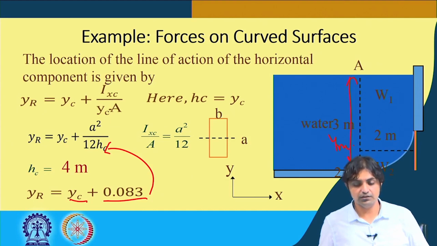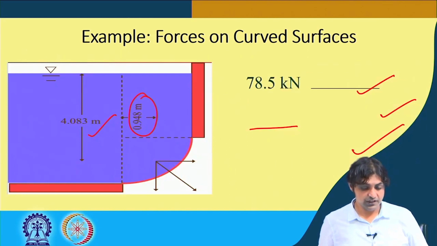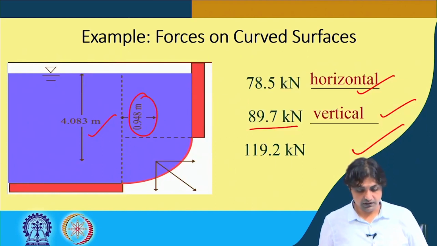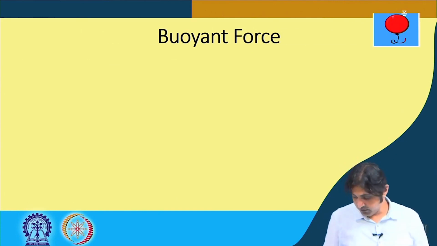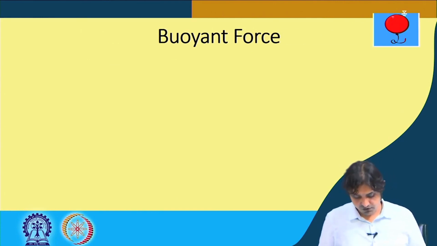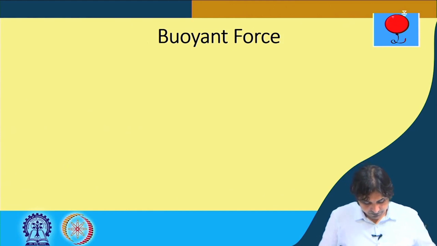Because the surface is 3 dimensional, but in the plane of 2D, the projected area is very simple to do. So we will now proceed to the last topic, that is buoyant force, after which we will also solve some problems.